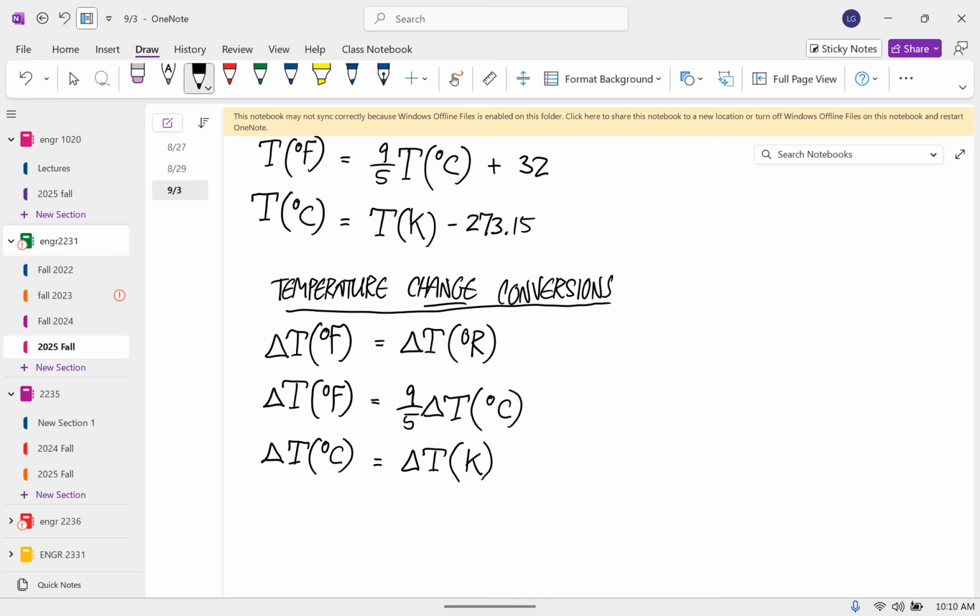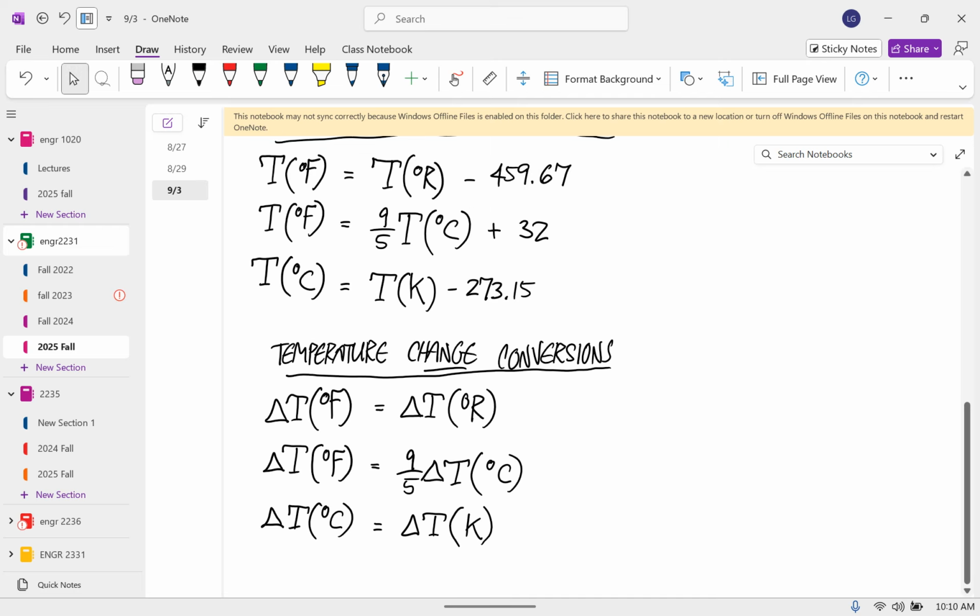Okay, so if you don't keep track of whether you're talking about a change or an actual given temperature that's occurring, then your answers aren't going to make any sense. Like think about a case where the gas, the system that you're looking at, increases its temperature by 5 degrees Kelvin.